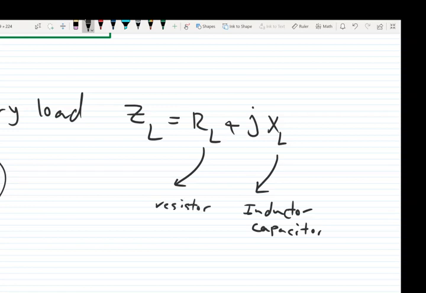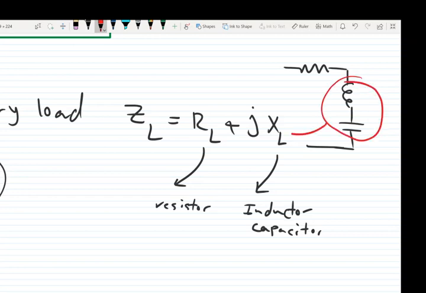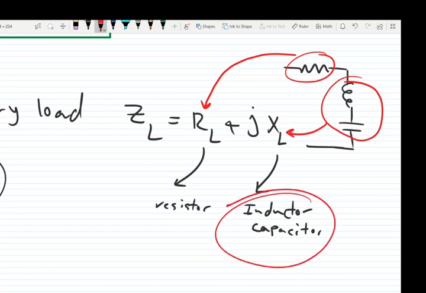So the ZL is built from one resistor, one inductor, and one capacitor, something like this. The total of capacitance and inductance generates XL, and the resistance is related to RL. As we discussed a few minutes ago, we saw that there is absolutely no power dissipated in the inductor and the capacitor.